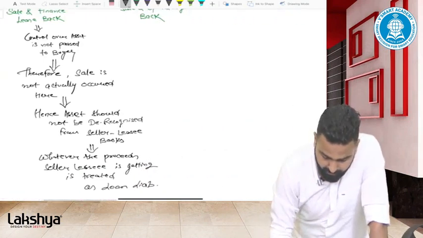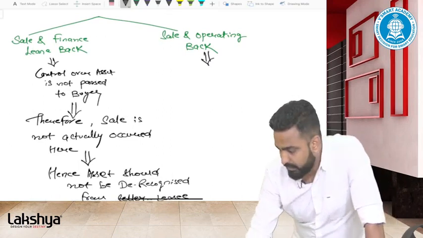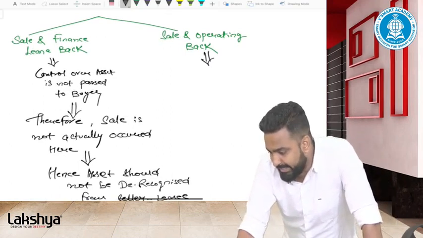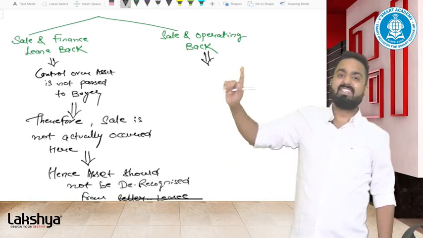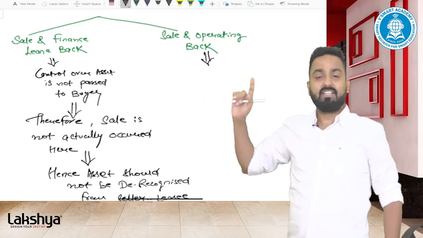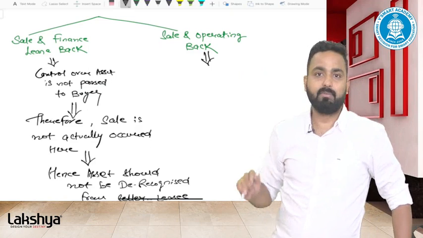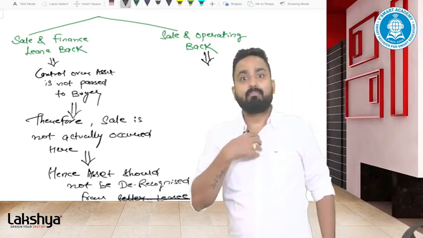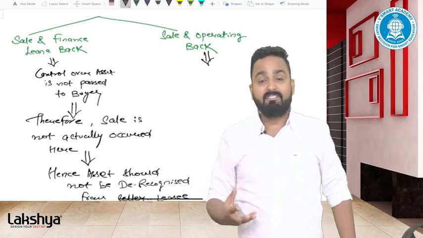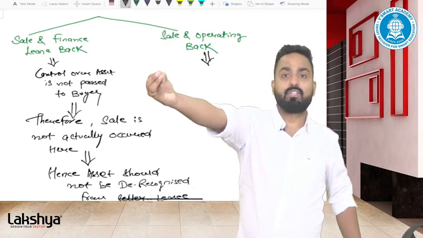Okay, now in case of sale and operating leaseback, we can assess that yes, here the sale has actually happened. Suppose I am selling my property whose life is 50 years, first of all to someone.